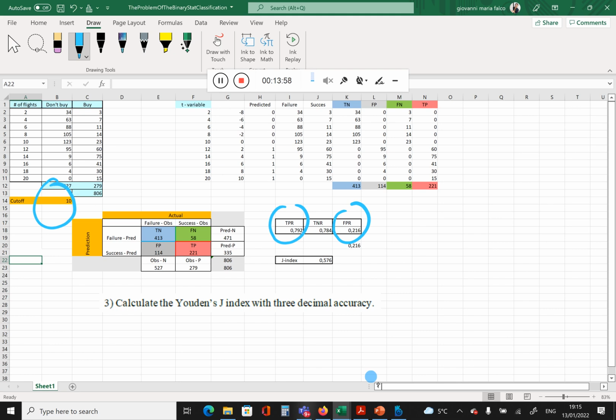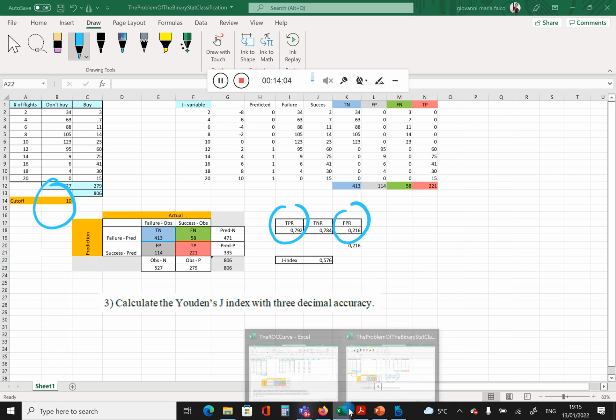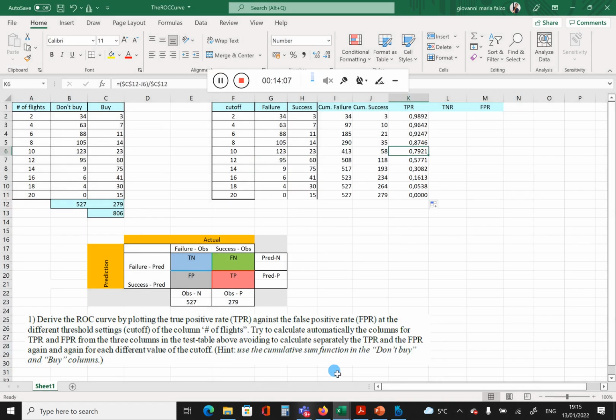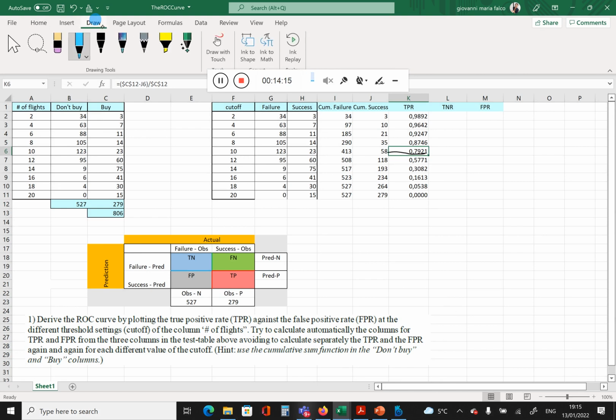Yes, 0.792. And it's indeed the same, 792. Okay, so this is because we already calculated this for the cutoff of 10 in the previous exercise.